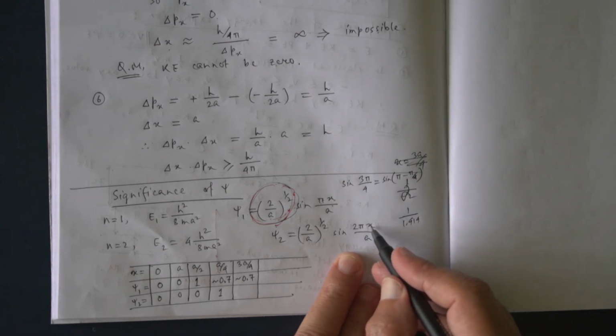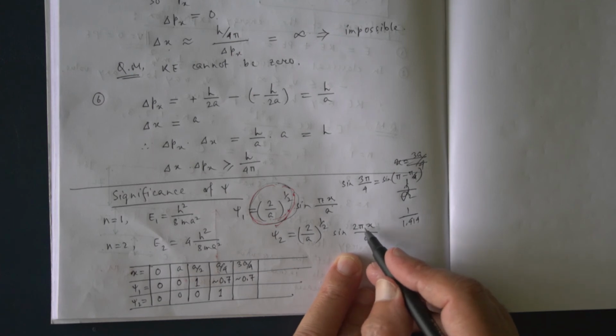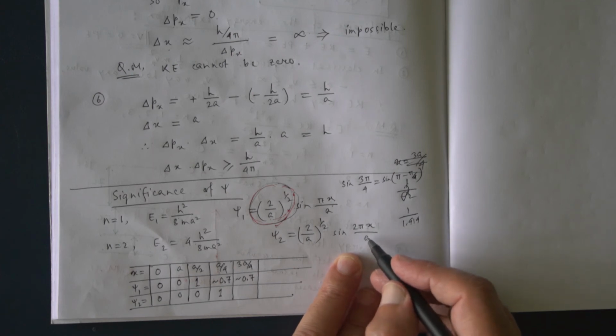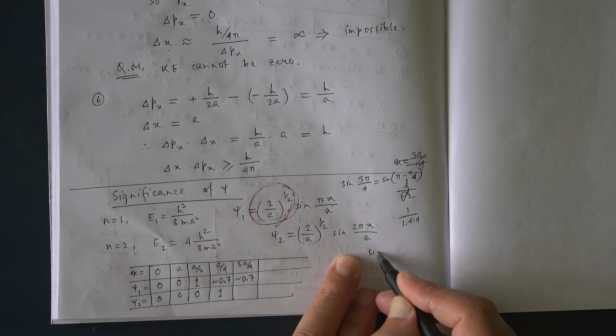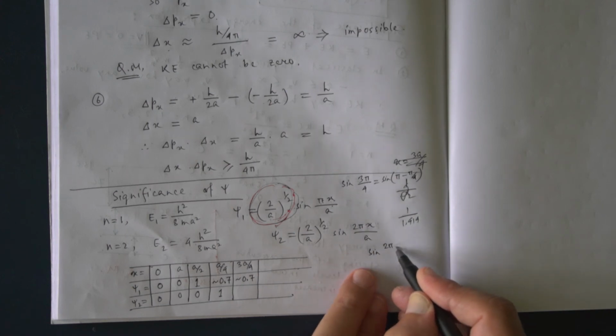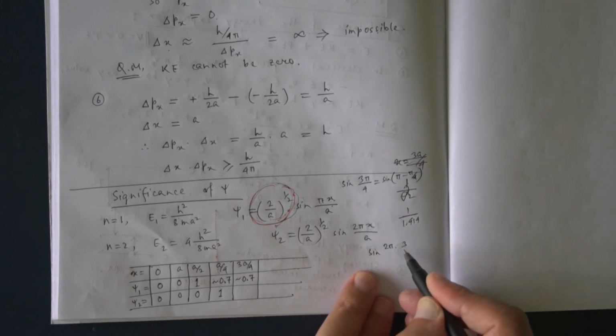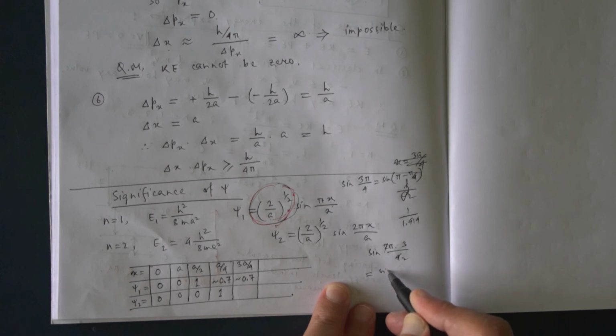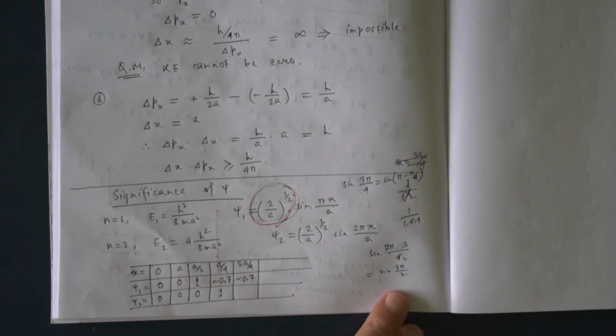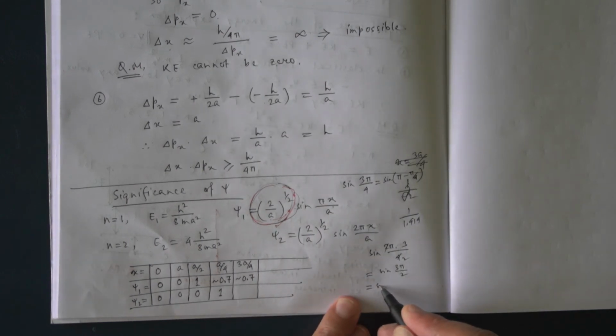Now for psi 2 at 3a by 4, we get sin 3 pi by 2, that means sin of pi plus pi by 2.